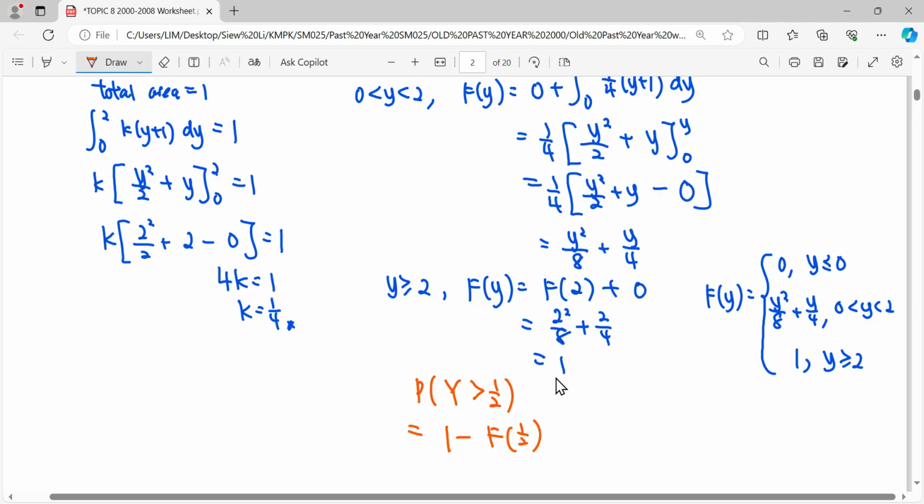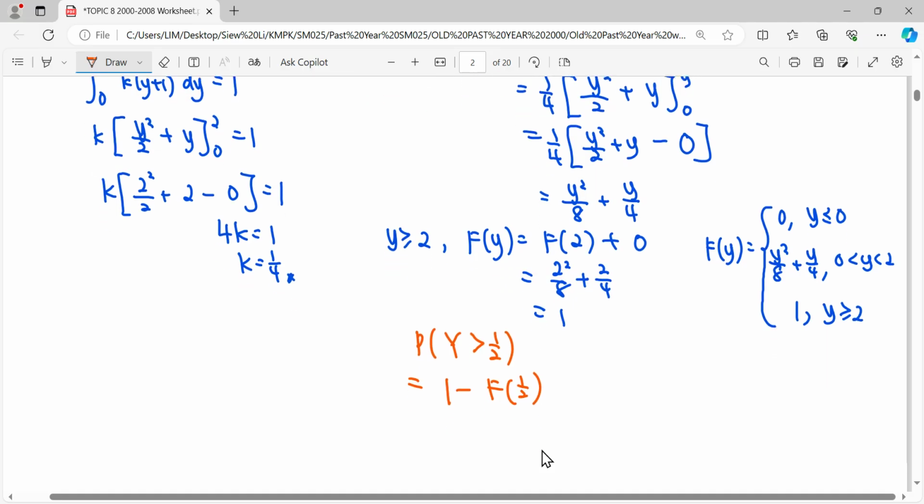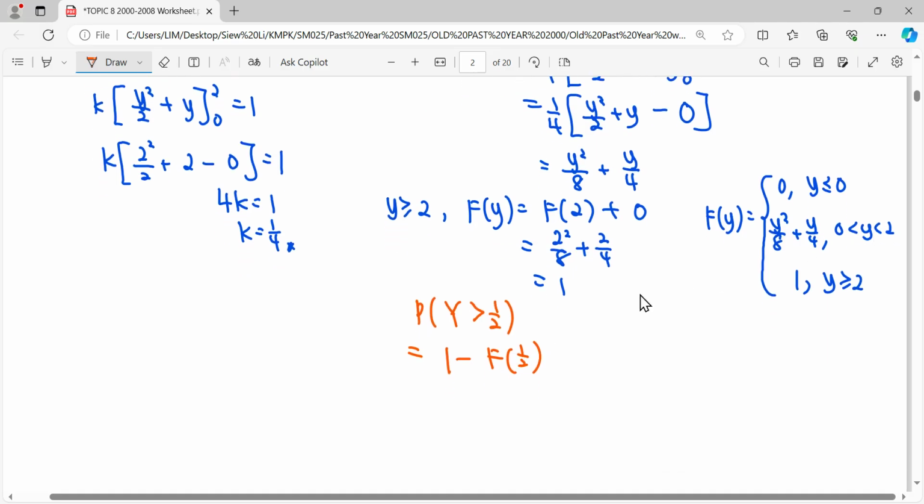Accumulate as maximum as you can: if you want more than 1 over 2, the maximum is 1. Then you subtract the random variable that is not involved, which is less than 1 over 2, so it will be F(1 over 2). So substitute 1 over 2 in this interval. The answer is 27 over 32.